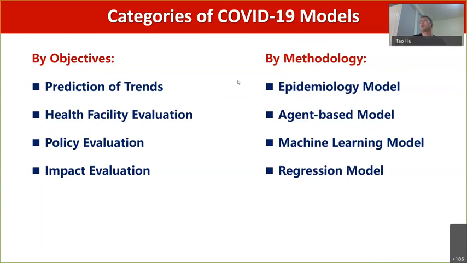By the methodology, the models can be classified into epidemiology models, such as the SIR that the UM team just presented in the previous presentation, and also some other models like the HS model, machine learning models, and regression models.